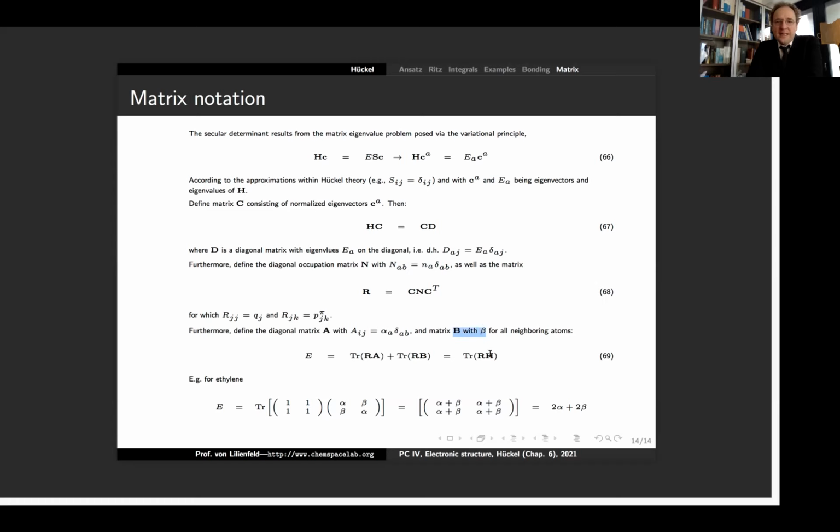And that is really the same as your R matrix times the Hamiltonian matrix. So for example, for ethylene, right, you will find for the R matrix this, and then this is your Hamiltonian matrix. And so if you multiply this out, you get this, and you take the trace, you have the energy of ethylene.